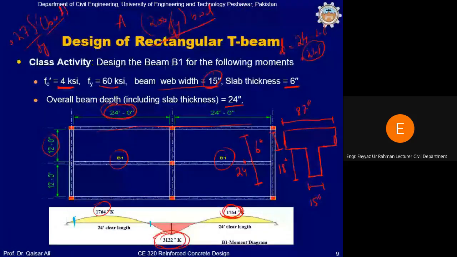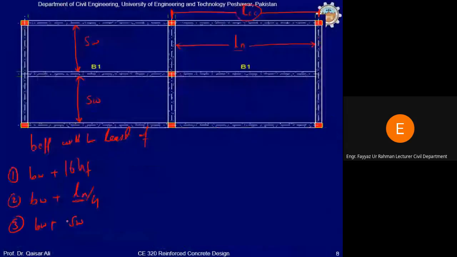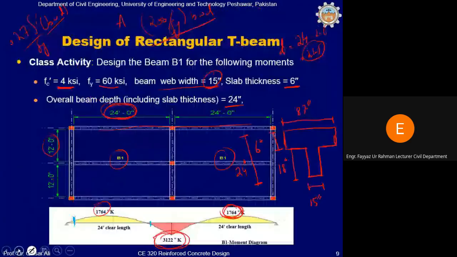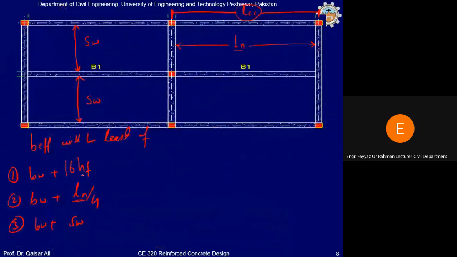And what about SW? 12 feet. अच्छा, अब इसमें आप देखें व्हाट इज द वैल्यू ऑफ HF? थिकनेस ऑफ स्लैब कितनी है? 6 inches. BW कितना है? 15 inches. तो अब आप इन तीनों से आप जरा वैल्यूज मुझे बताएं.